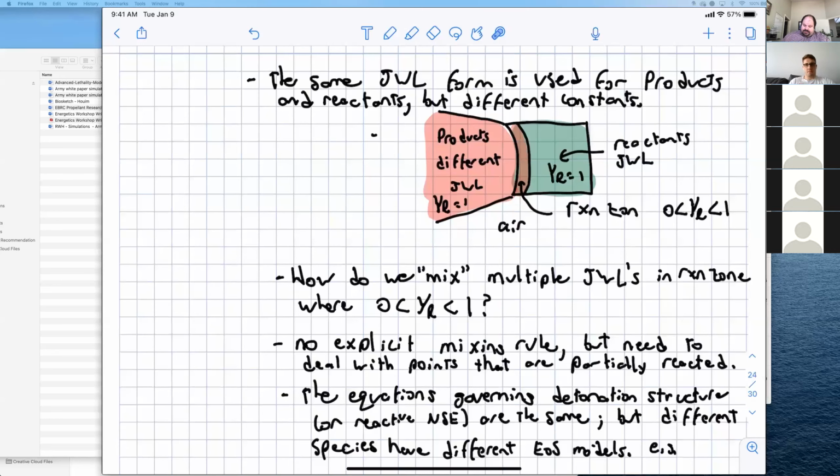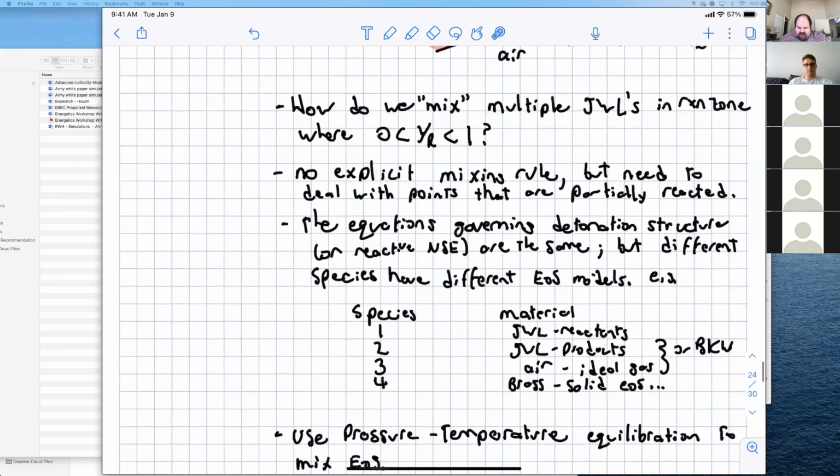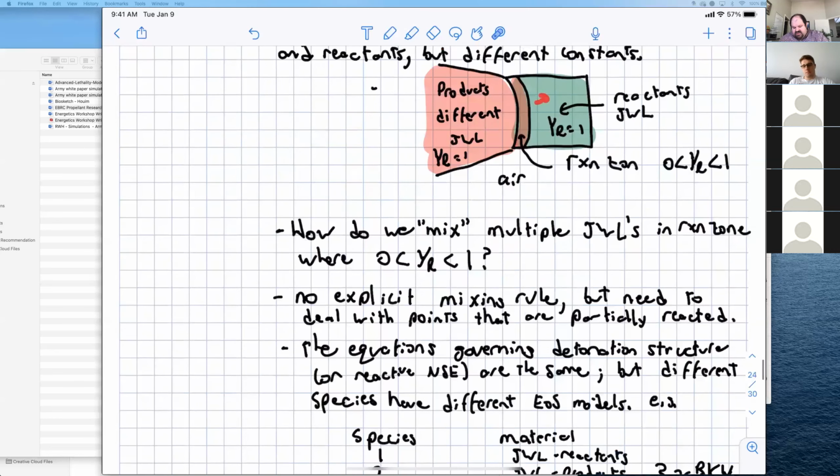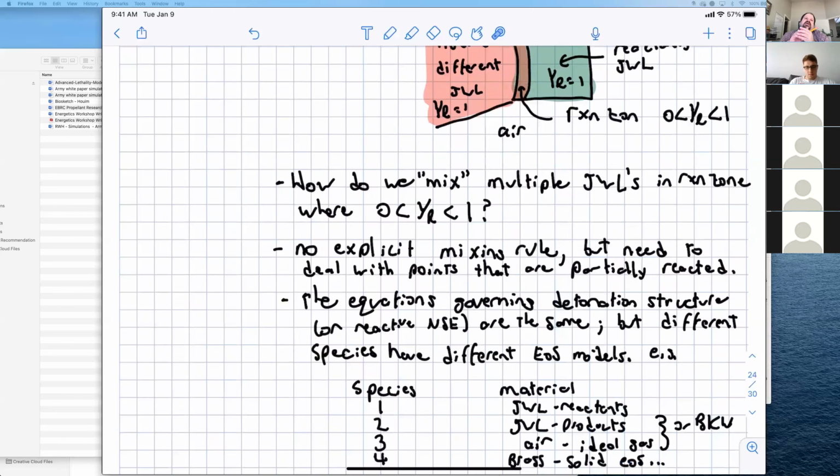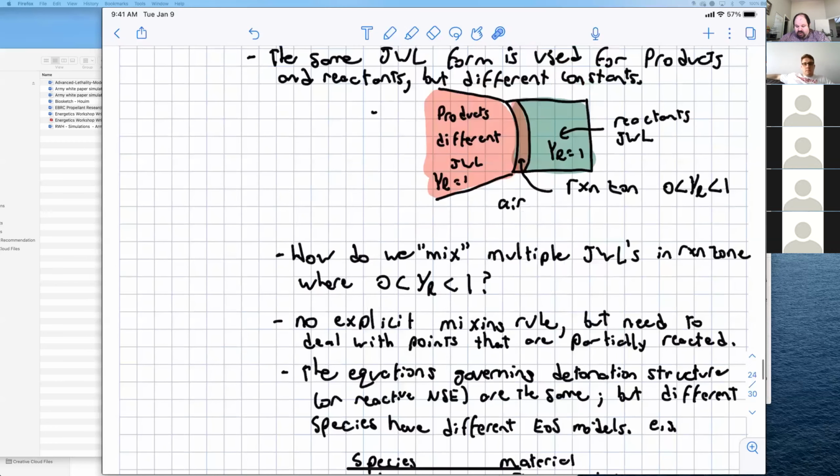Okay. And the equations that govern this detonation are the same as the equations that govern the detonation of a gas. They aren't any different, except the only gotcha is that instead of all the species belonging to the same equation of state, with a mixture rule to account for the different species, for this explosive detonation, all of the different species have a completely different equation of state.